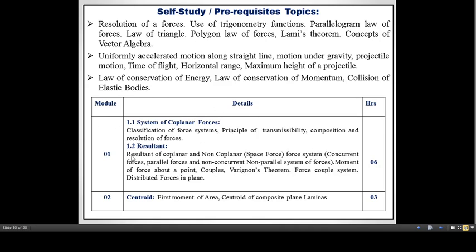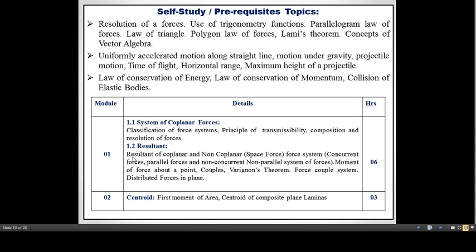So here is the first module. The first module includes two subpoints. First one, system of coplanar forces, and second point, resultant. So in the first point, we'll see the classification of force systems, then principle of transmissibility, composition and resolution of forces.